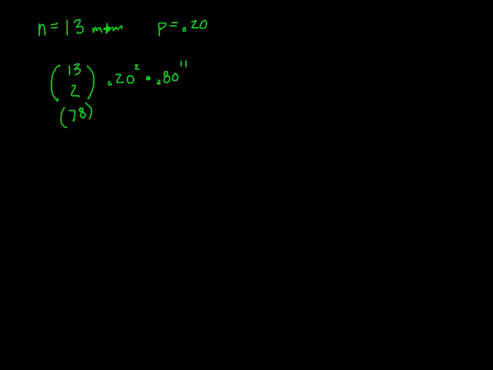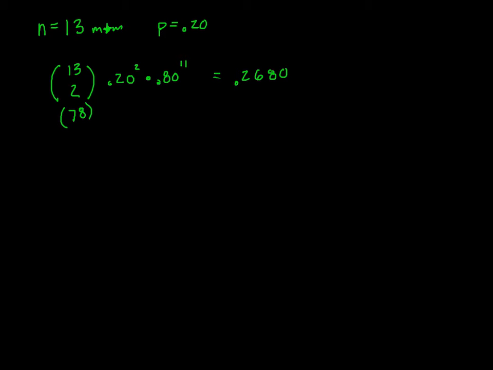So to get my answer, I do 78 times 0.2 raised to the second times 0.8 raised to the 11. And I get 0.2680, or about a 27% chance that you're going to get exactly 2 red M&Ms out of 13.